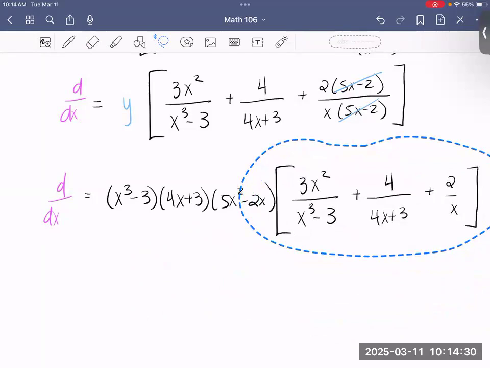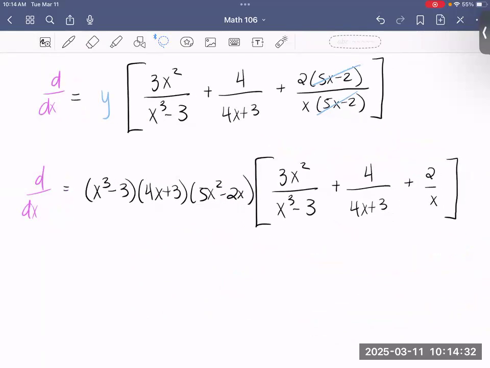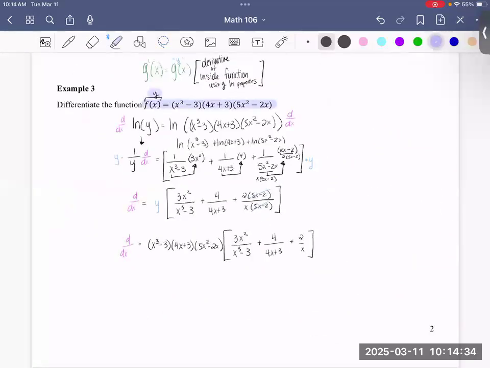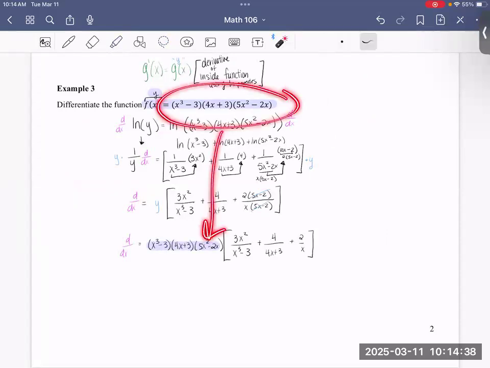And there you have it. You take your initial y times the derivative of the inside, given that we've broken it up with ln properties.